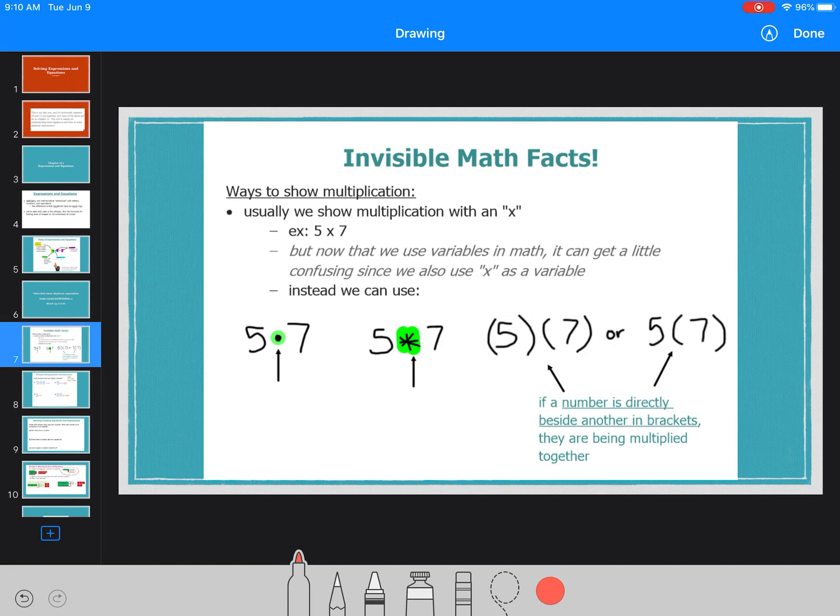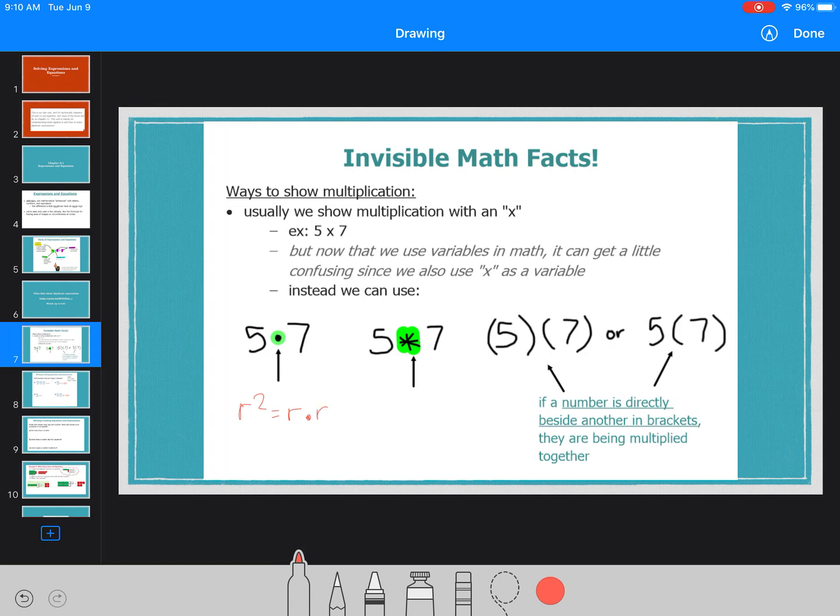All right, so ways of showing multiplication. We talked about already when we show multiplication, we can use the x. That's what you're used to. That's what you've always done. But we also mentioned that you can use a dot. So when we were doing, for example, radius squared, the r squared, we also said that it's r times r. Okay.